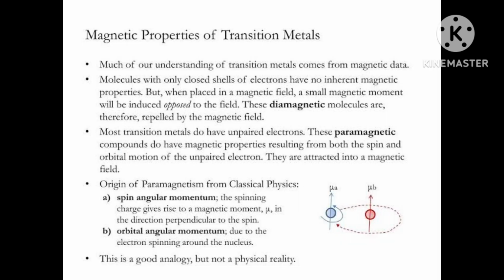Then for this irregularity, two main factors are there. The first main factor is the irregular variation of the ionization enthalpy, meaning the sum of first ionization and second ionization enthalpy.